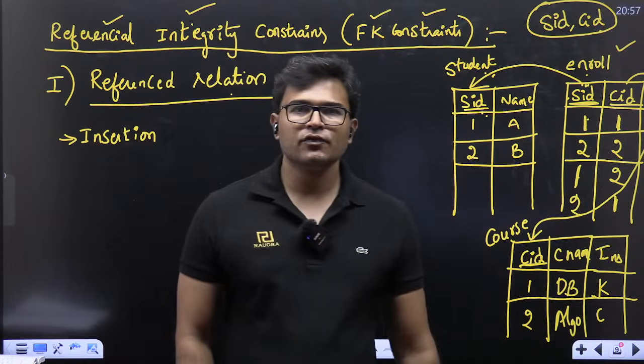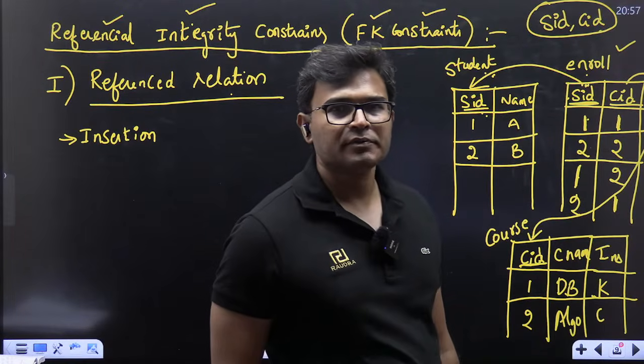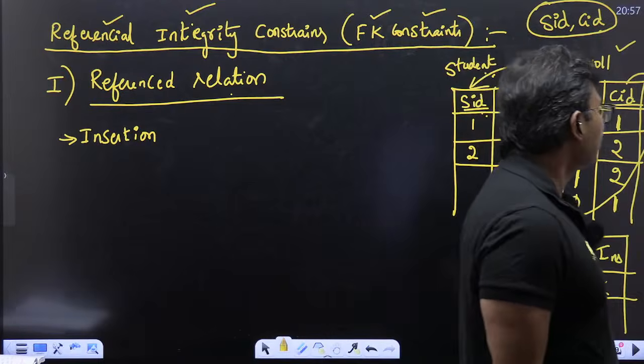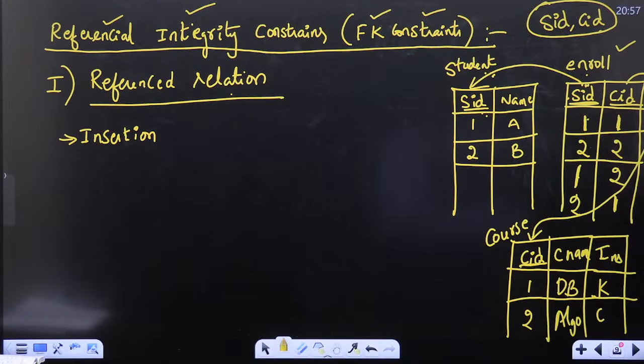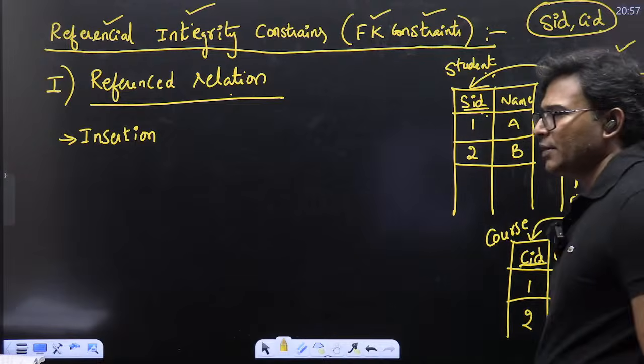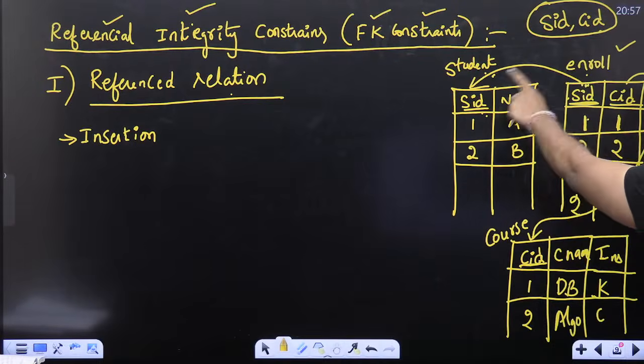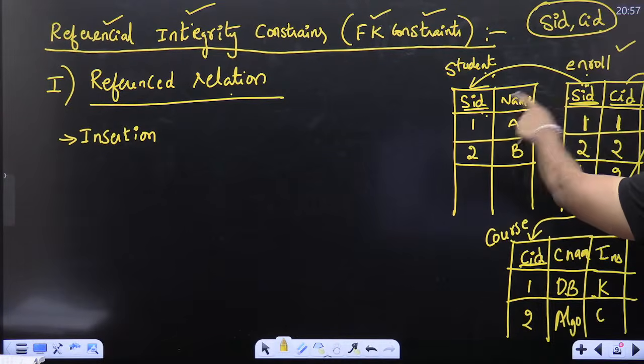A single table can have any number of foreign keys, right? And these foreign keys can refer to different tables.